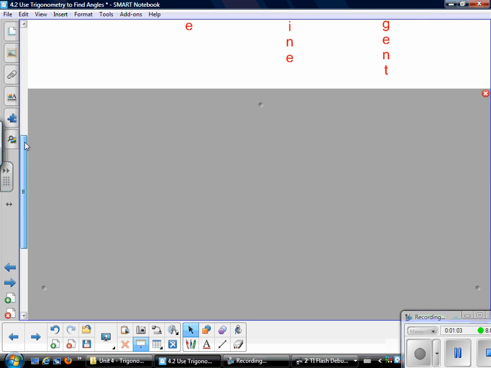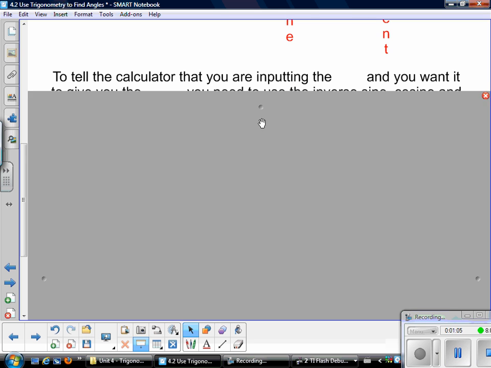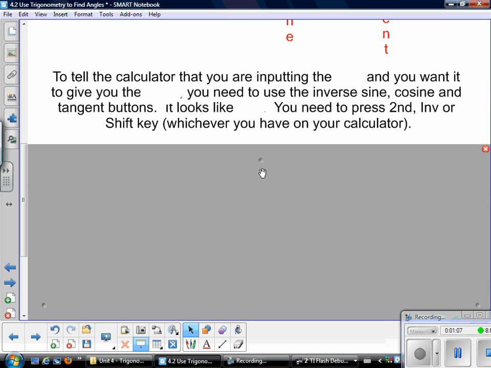Now to do this, obviously my calculator is going to be very important. To tell the calculator that you are inputting the ratio and you want it to give you the angle, you need to use the inverse sine, cosine, and tangent buttons.